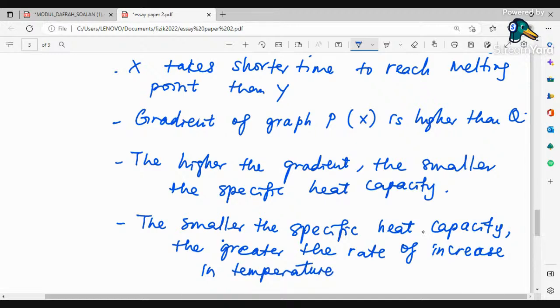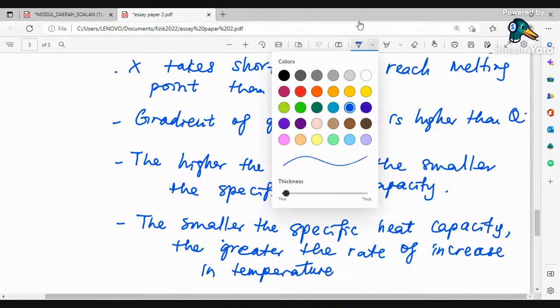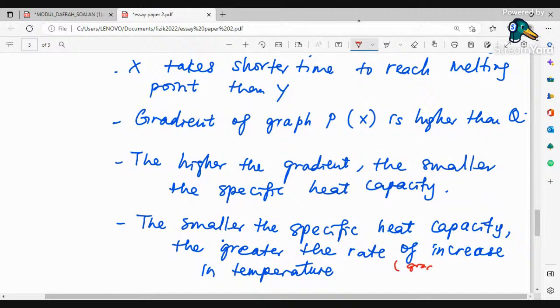Okay, so actually a rate of increase in temperature just now is, we already showed that this one actually is gradient. Okay, gradient. Okay, so actually from here to here, if you are able to relate gradient to rate of increase in temperature, you will get the last one.